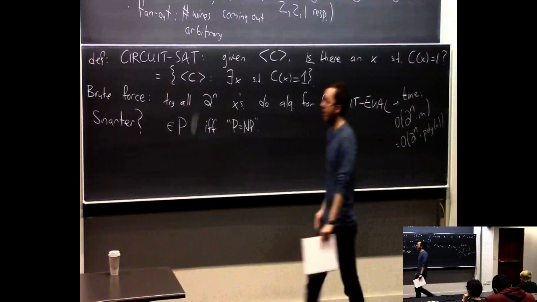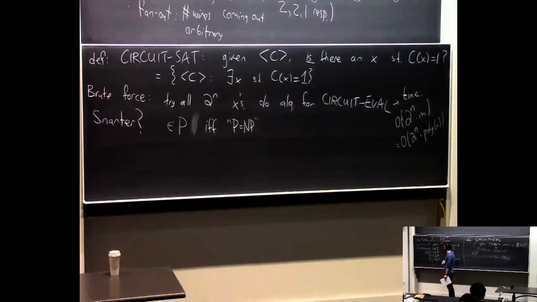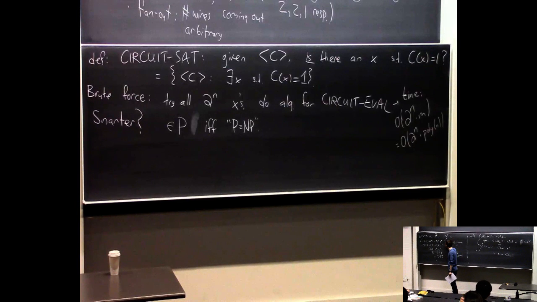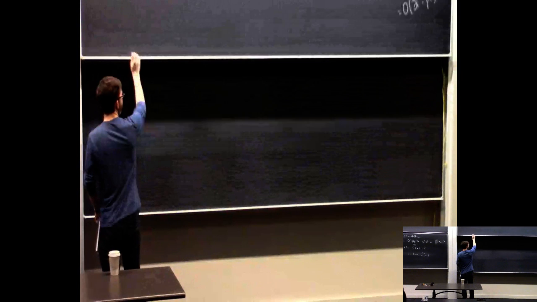OK, so we talked about circuit SAT. So now we're going to talk about formula SAT. This one's funny because this is the one that's also sometimes just called SAT. So if you see just SAT, it means formula SAT. There's really not that much to say about formula SAT that we haven't already said.